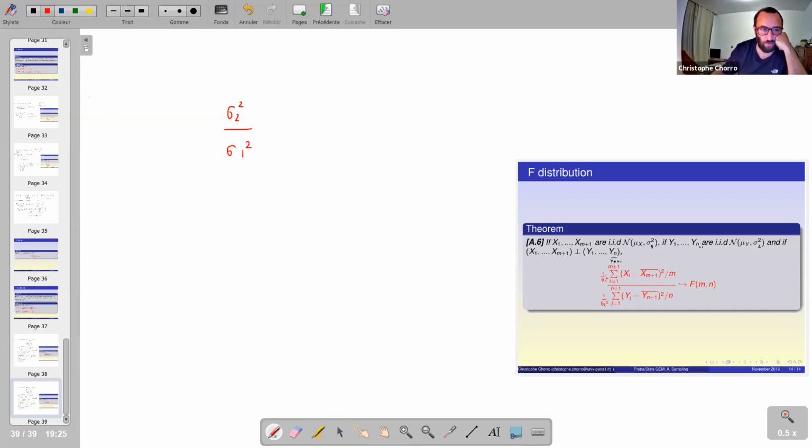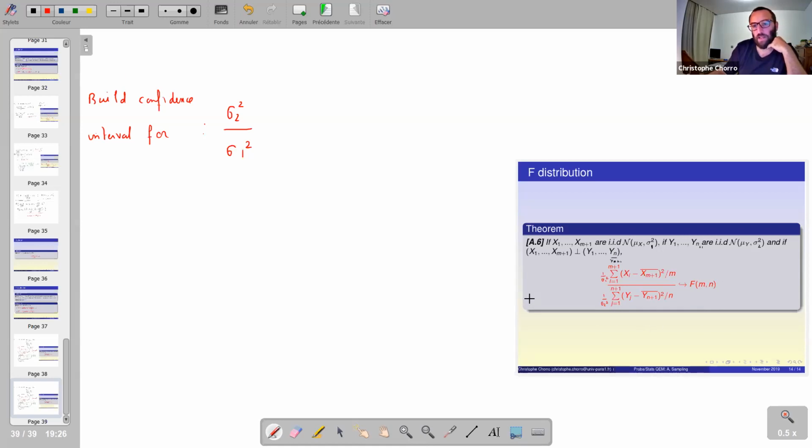So we will be able to build a confidence interval for this quantity, because I have 1 over sigma 1 squared over 1 over sigma 2 squared here, multiplied by something that just depends on the observations and follows an F distribution, and you have tables for the F distribution.